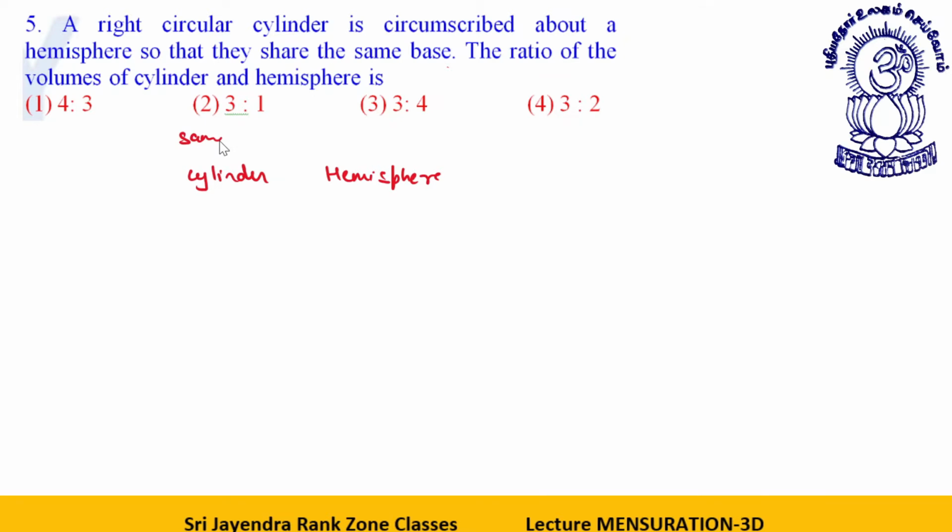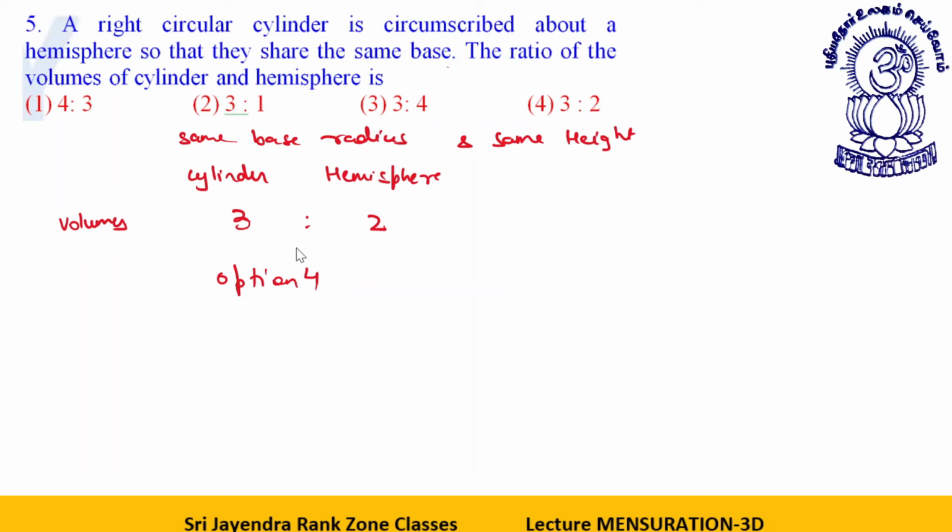They have same base radius and same height. I have already told you how to do. Their volumes will be in the ratio 3 is to 2. Do we have any such option? Yes. Option number 4 is the answer.